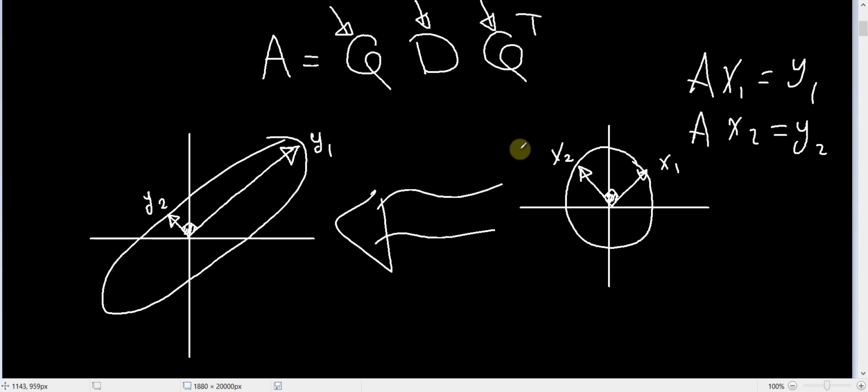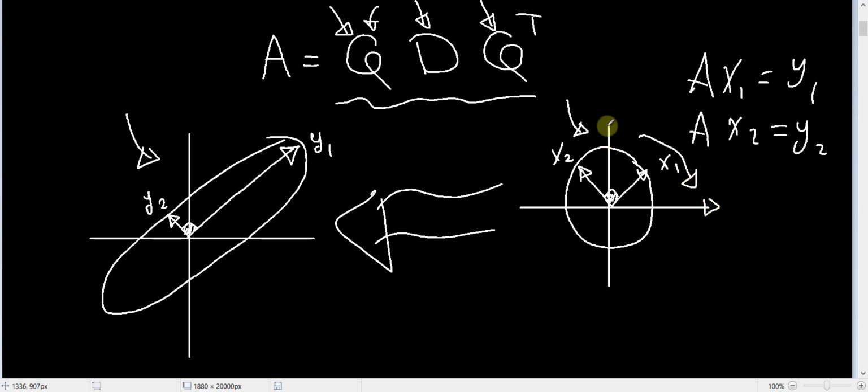Then we interpreted this decomposition as having some rotation matrix, then some scaling matrix, and then some inverse rotation matrix. To reach this result from the original data points, we first do some rotation in the clockwise direction until x1 becomes this axis and x2 becomes this axis.